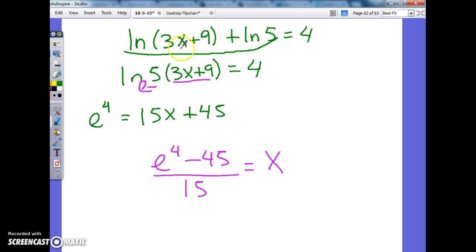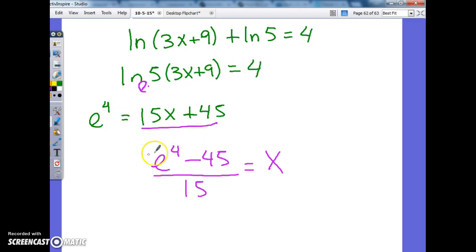When you have a log on one side, make sure you clean it up to get log of something. So basically I have e to the 4th power equals 15x plus 45. This is just multiplication: 5 times 3x is 15x, and 5 times 9 is 45. When you've got log on one side, simplify it to a single log. Your base here is e, so you've got base, exponent, e to the 4th equals this.